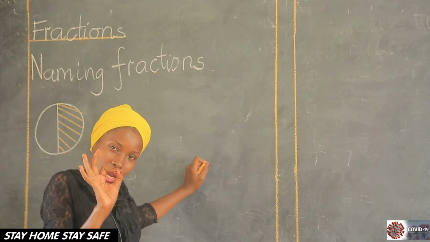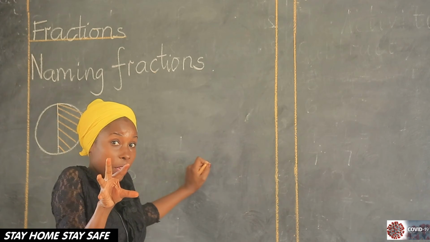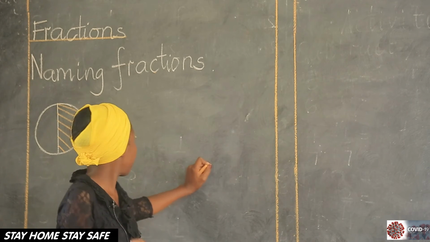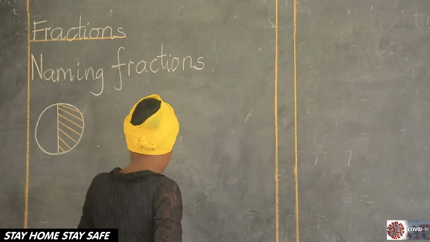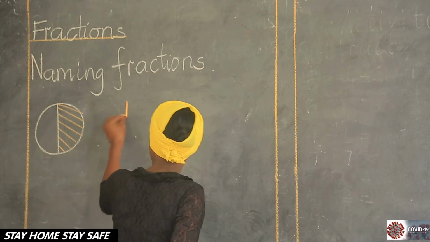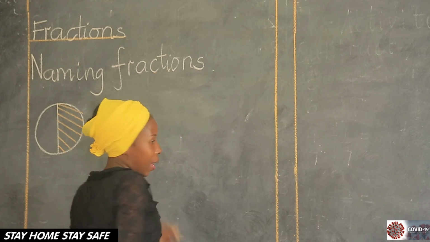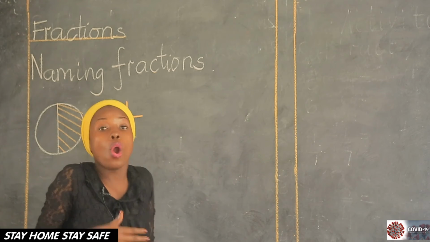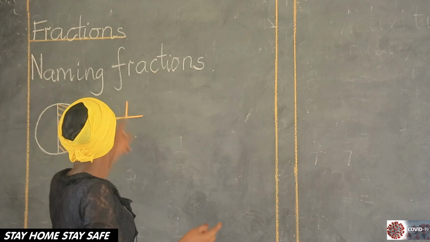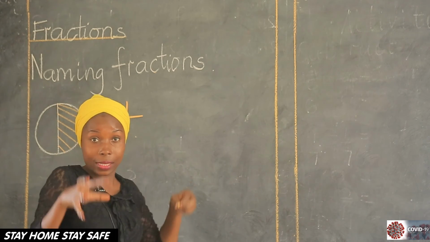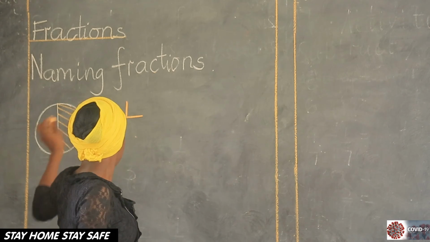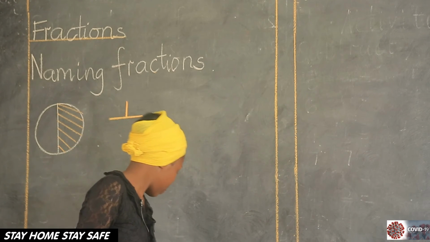Normally, we identify that part, maybe the one that has been shaded. We count how many parts there are. In this case, it is 1 part. And we put this bar, that means over or out of all the parts that are there in our shape. So how many parts are these?